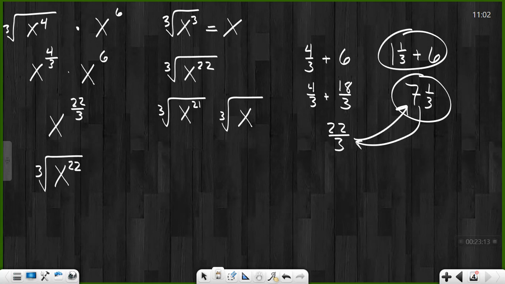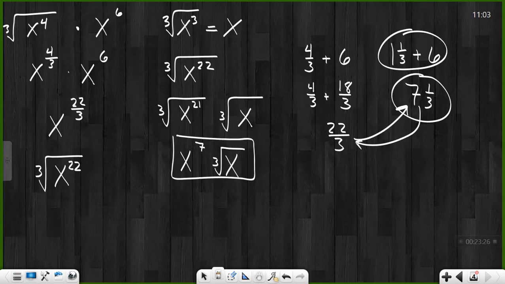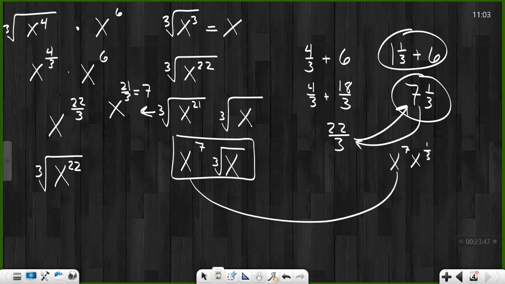Well, that really tells me that I've got x to the 7th times the cube root of x. Why? Well, that's because this here can be rewritten as 21/3. 21/3 is 7, or x to the 7th rather. Because if I come back to the 7 and 1/3, that means I have an x to the 7th and an x to the 1/3. All right? So the x to the 7th is here, and the 1/3 is just saying it's the cube root.